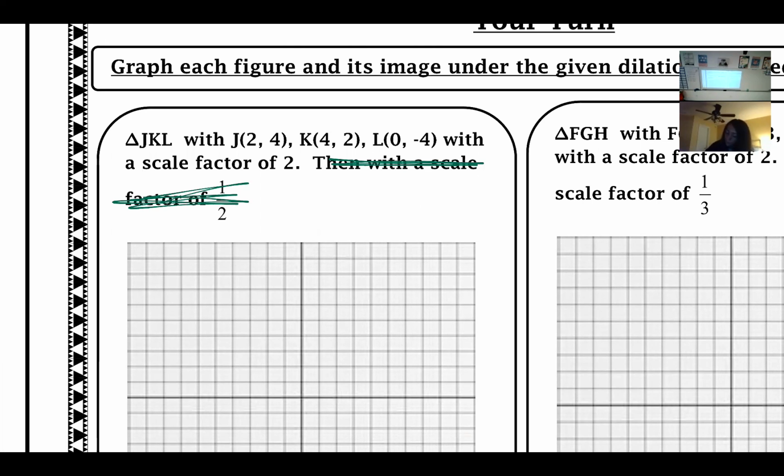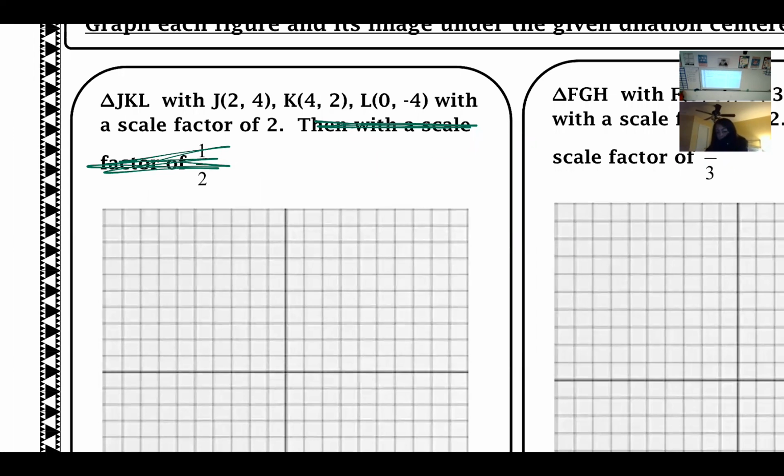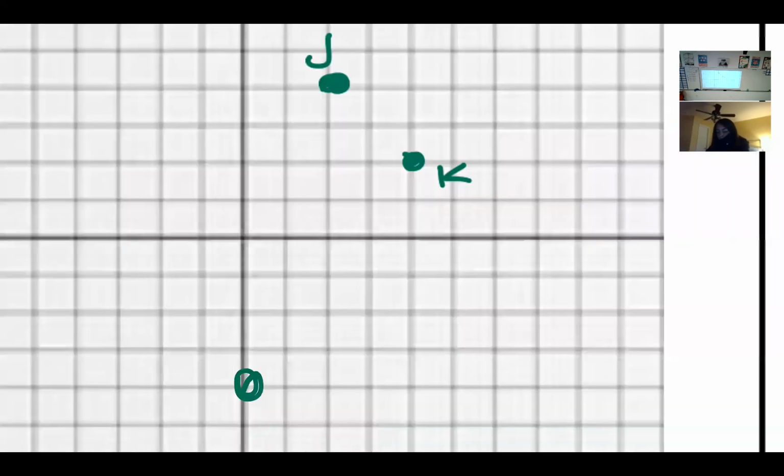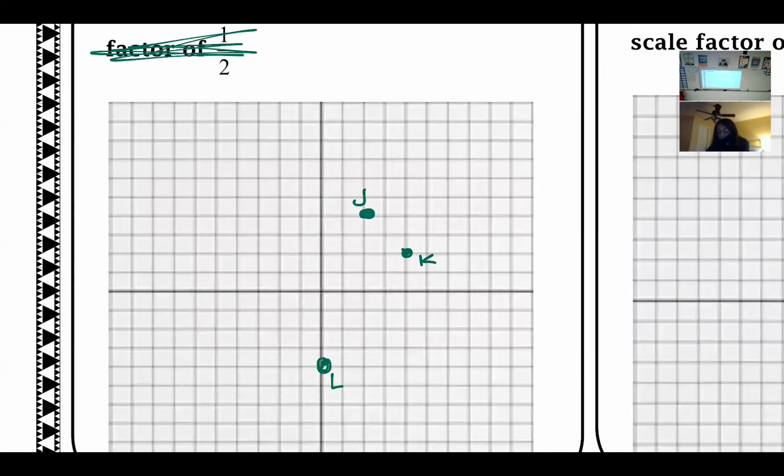So let's go ahead and graph our preimage. J is right 2, up 4. K is right 4, up 2, and then down, -4, L. So before we even do math, do you guys think enlargement or reduction?